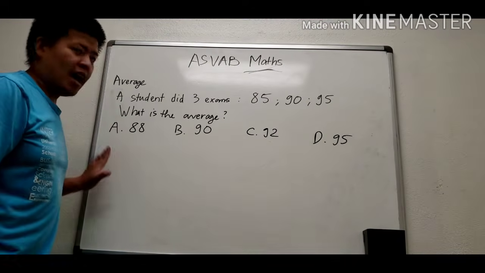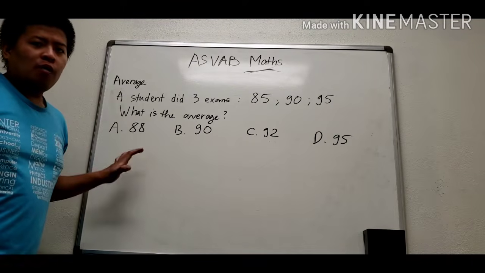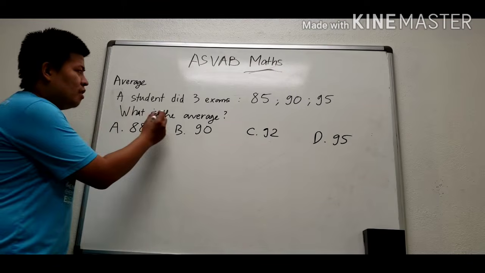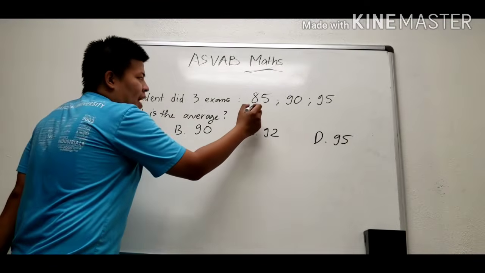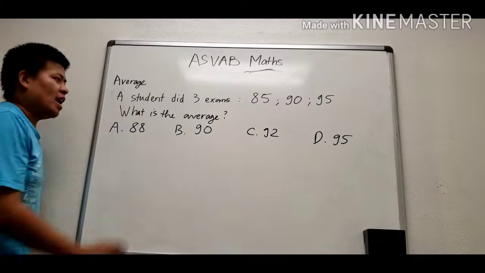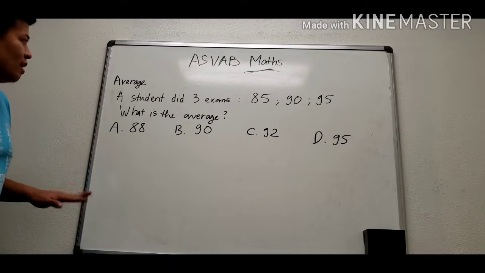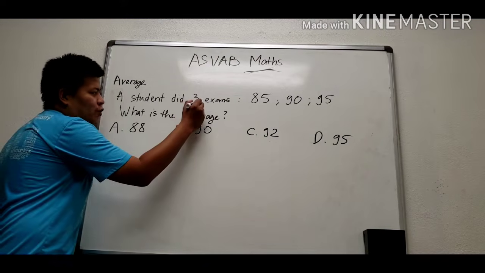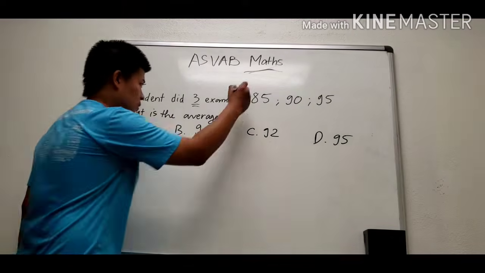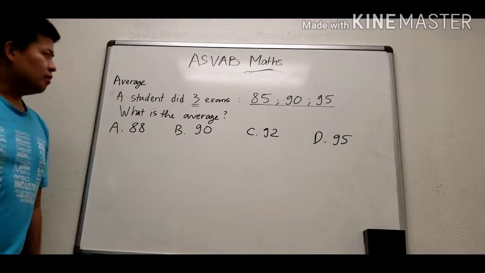Now about the average. I will show the formula for the average. A student did 3 exams: 85, 90, 95. What is the average? In this question, we have 3 exams, so there are 3 scores here.